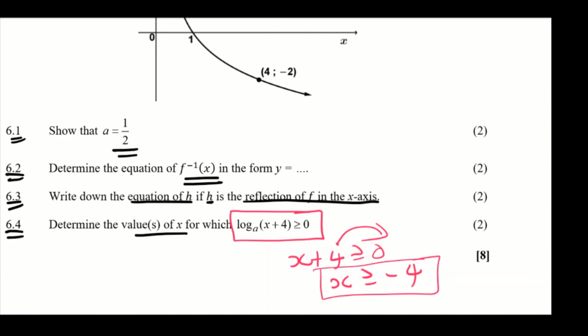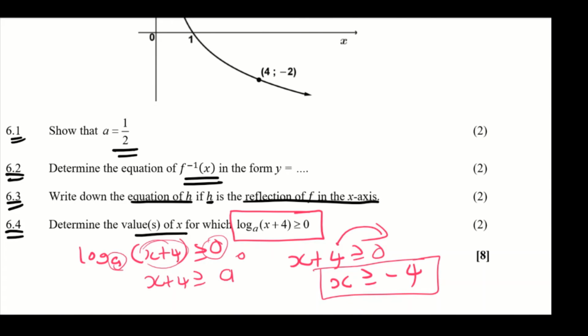And the second solution can be, we have log base a of x plus 4, right? Greater than or equal to 0. So this a here will be to the power of 0, remaining x plus 4. So it's going to be x plus 4 is greater than or equal to a to the power of 0.